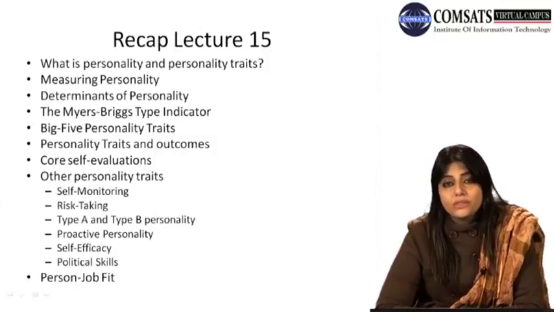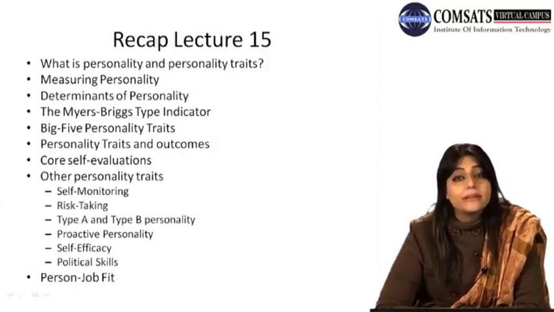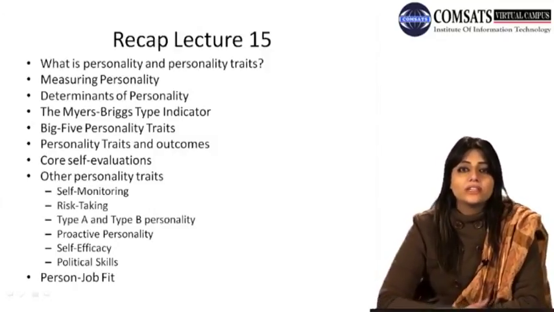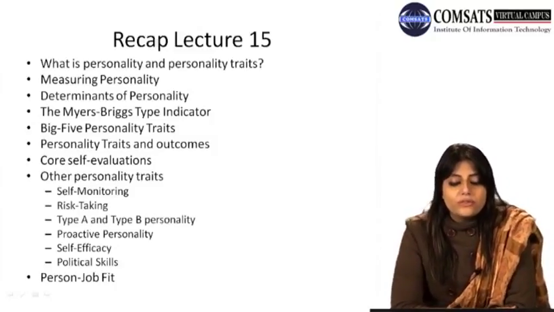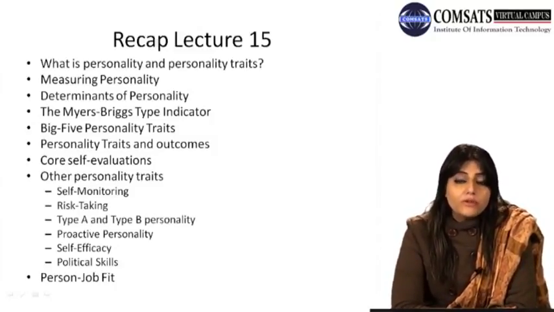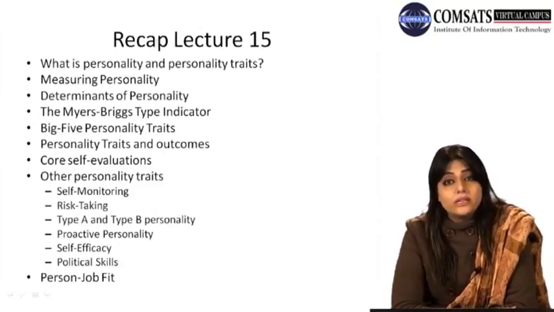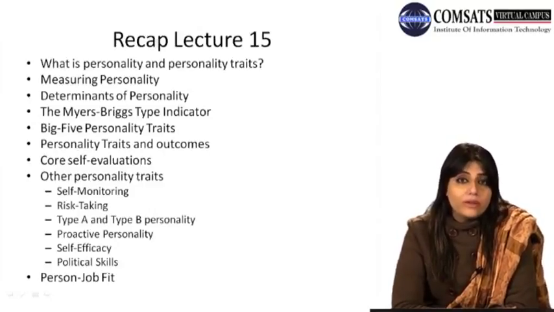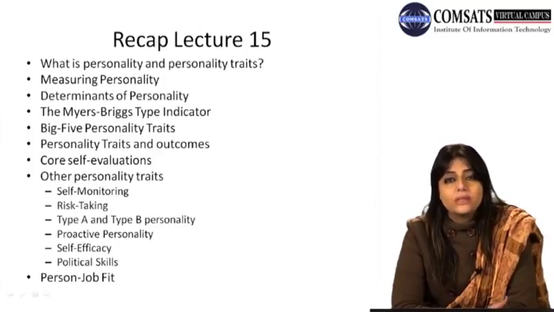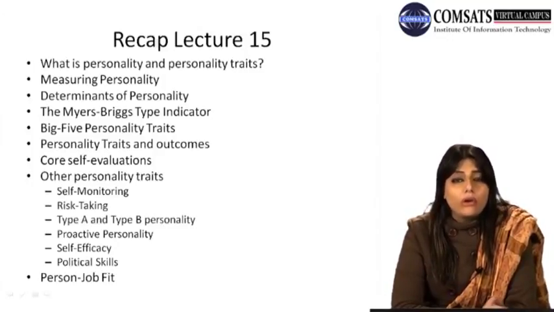We also had a discussion on the limitations of this indicator. But we also saw how very widely used it is. It is very wide in scope, and it is used by many multinational organizations and many hospitals all over the globe.